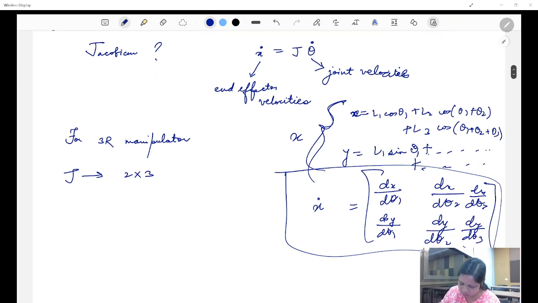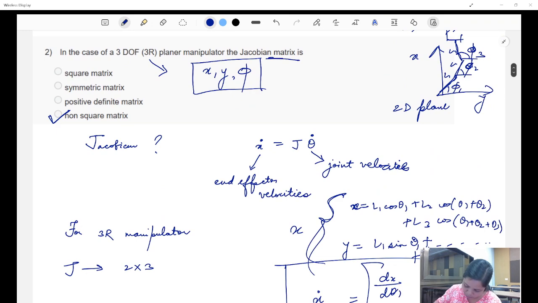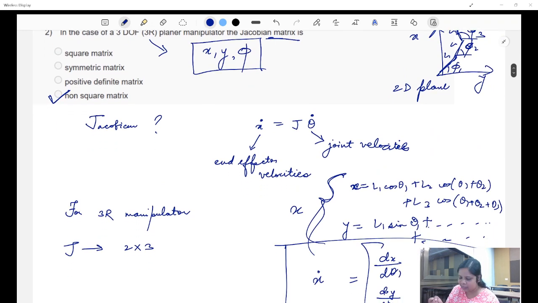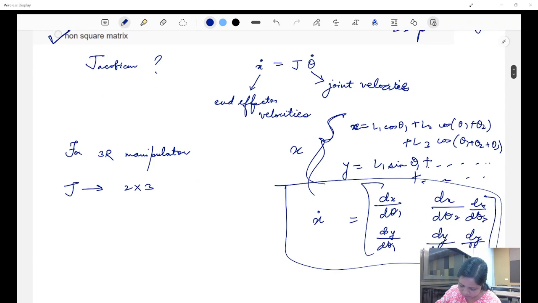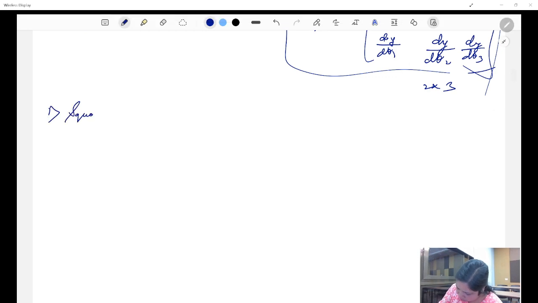But why is it not a square matrix? I just want to go through all the options because it helps you stabilize your concepts, internalize your concepts very well. Okay. So let's say I take the condition of square matrix. From here, from derivation, we already know, but how to strike out the wrong answers?